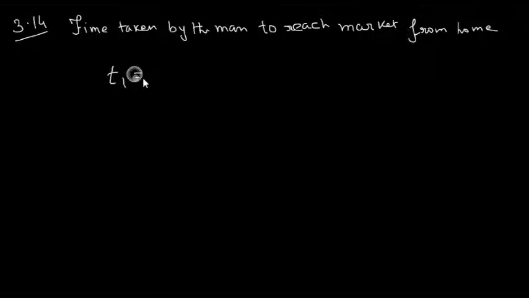T1 is equal to 2.5 upon 5, that is 1 by 2 hour, that is 30 minutes.